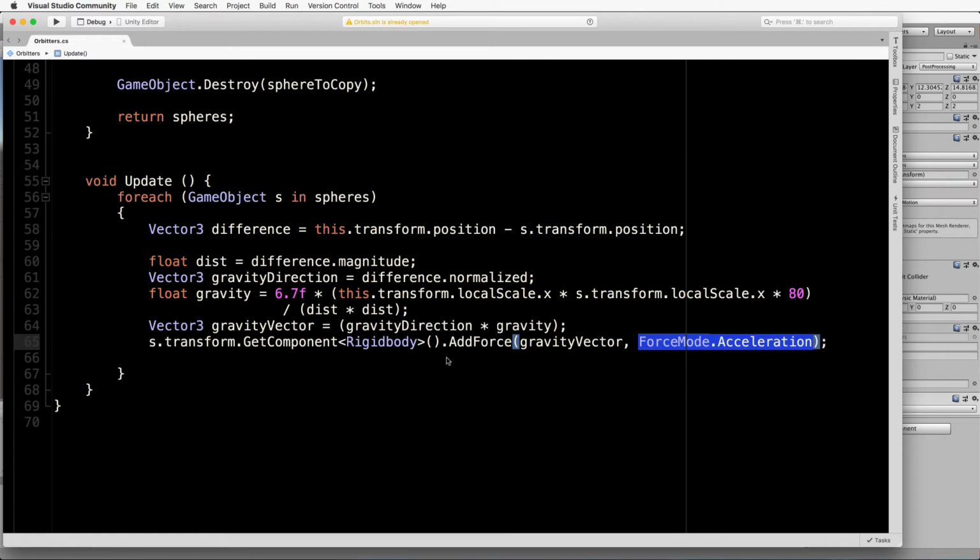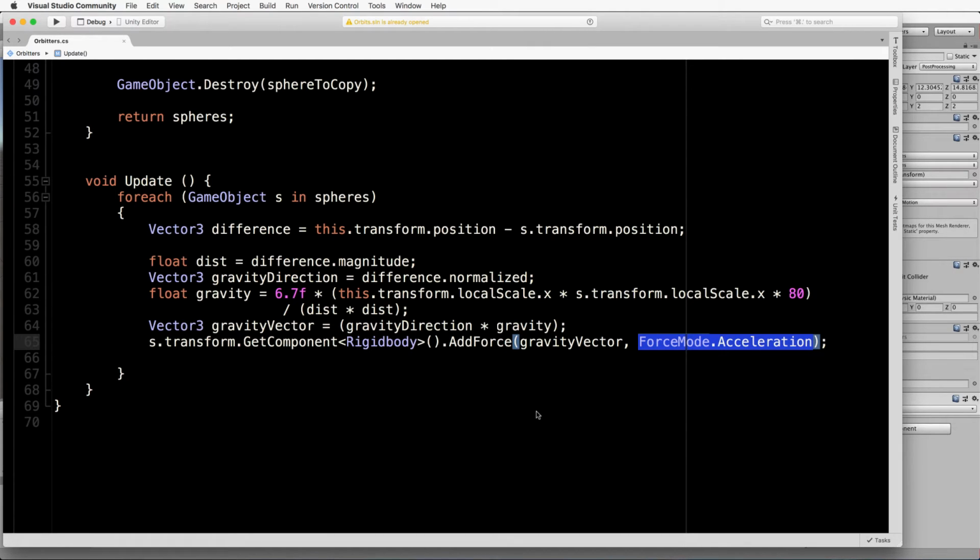So when you normally add a force without this bit in here, the acceleration, to an object in the Unity physics system, it will apply that force based on the mass that you've set for the rigid body. Okay, so if you can remember another very famous physics equation, F equals ma, a force being applied equals the mass of that object multiplied by its acceleration.